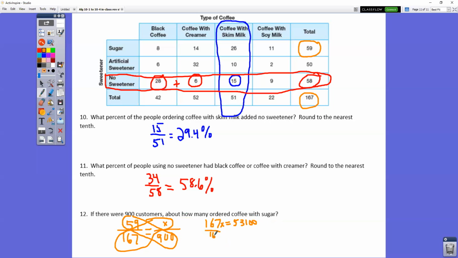You want to cross multiply and divide to find X. So divided by 167, and you get 317.96. We're going to round to the nearest person, so we're going to say 318. So when it has a question like that, because you will have one, cross multiply, then divide.